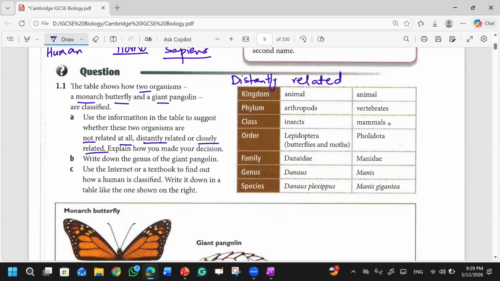If they have given you an animal and in this column you have bacteria, there was kingdom Monera. You can say the Monera or the Plantae.